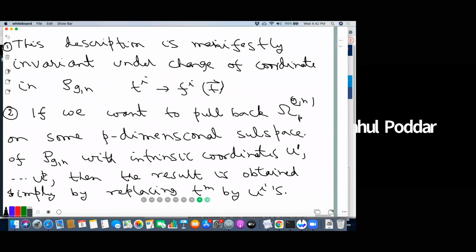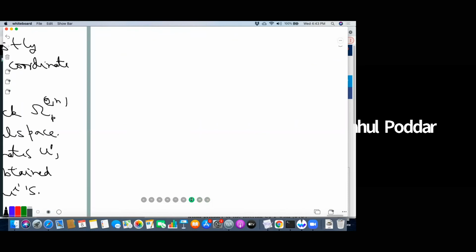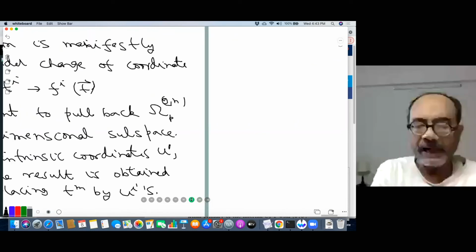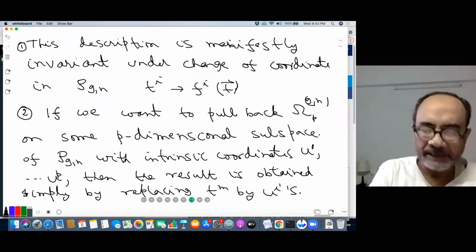What does the p signify, this integer p? Right now the integer p can be anything. But ultimately for actual physical string amplitudes, we'll be interested in p equal to 6g minus 6 plus 2n. But defining this for general p is useful, as we will see, because that way we can go up and down.